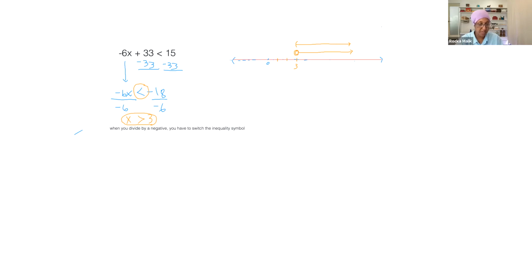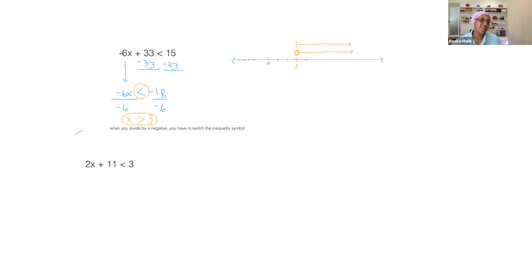Okay, so 2x plus 11 is less than or equal to 3. Can I underline here? Oh, Zoom doesn't let me do less than or equal.